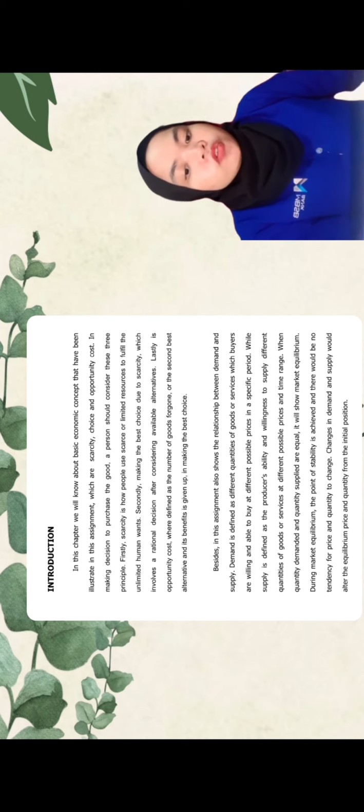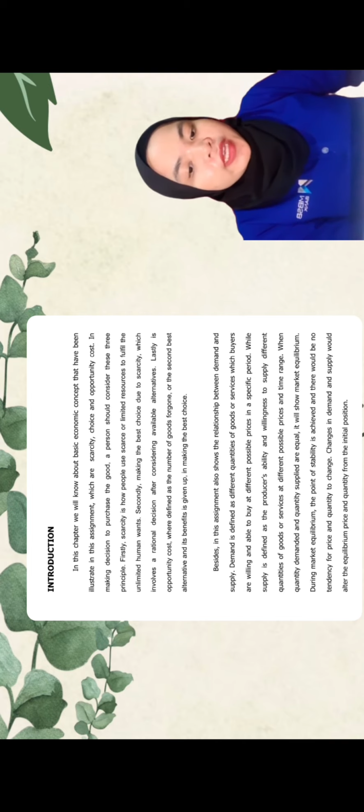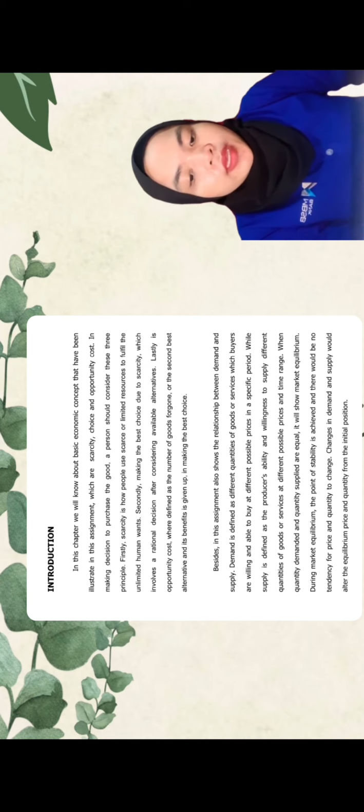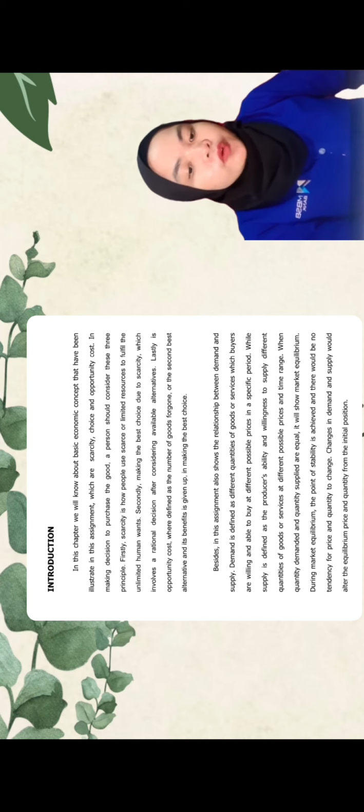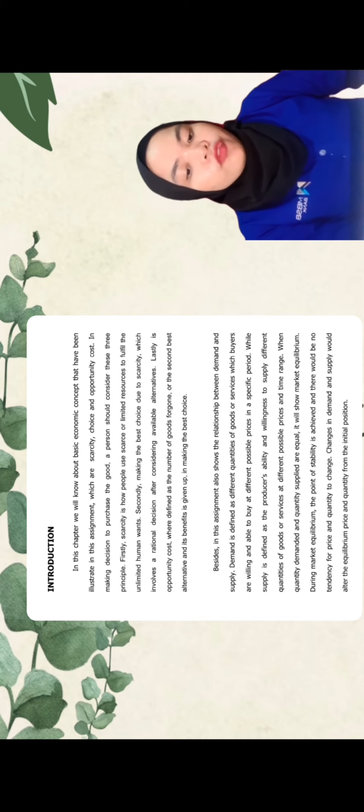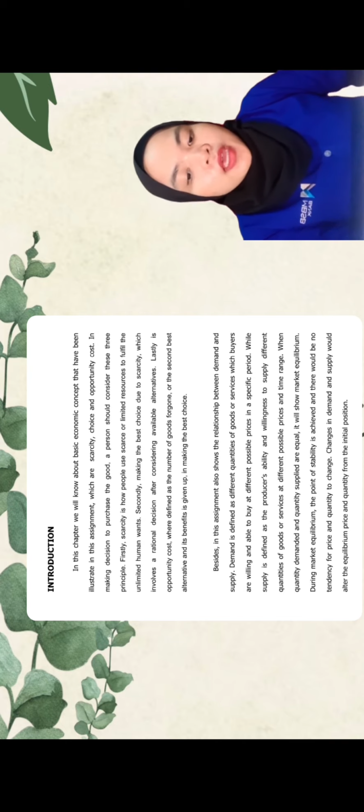Besides, this assignment also shows the relationship between demand and supply. Demand is defined as different quantities of a good or service which buyers are willing and able to buy at different possible prices in a specific period, while supply is defined as the producer's ability and willingness to supply different quantities of goods or service at different possible prices and time range.